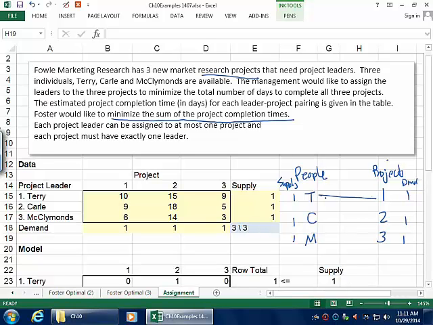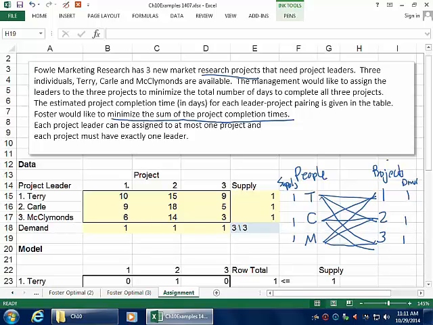It's like you have shipping routes here, and each route has a cost associated with it. So what are these costs? Here it's the number of days. These are estimated. I don't know how they got these numbers, but maybe they asked these guys.